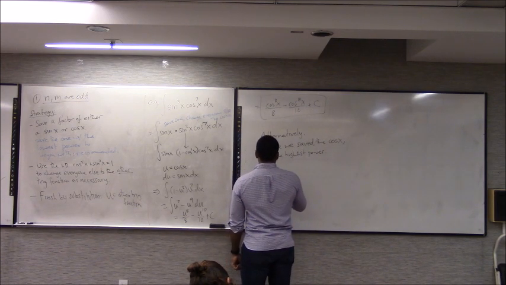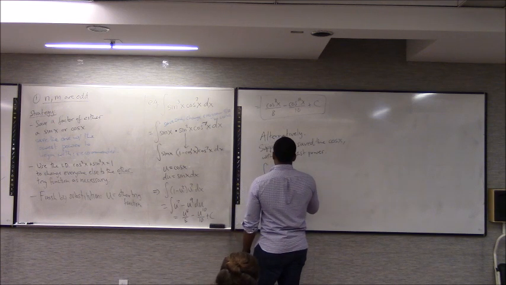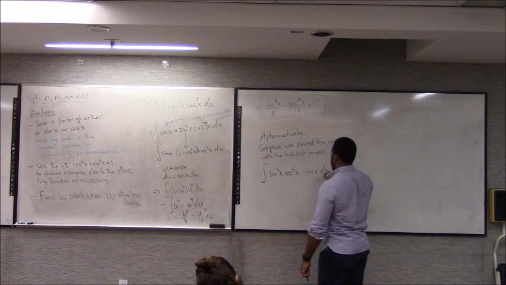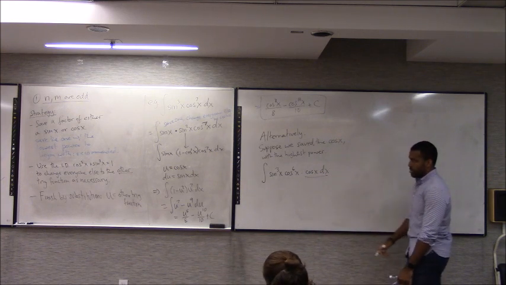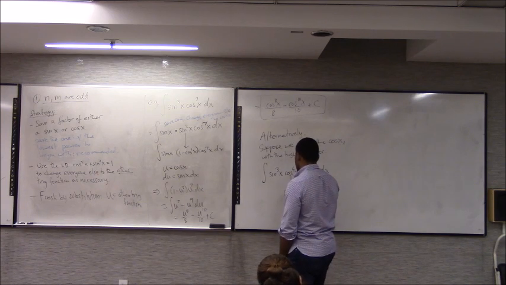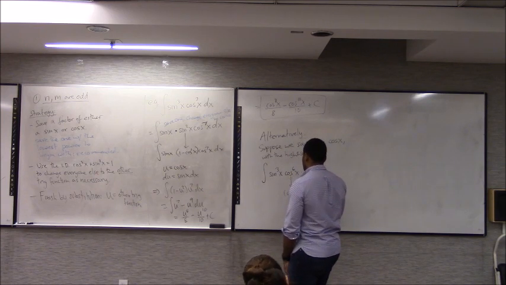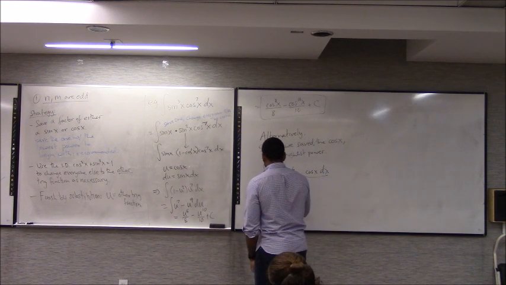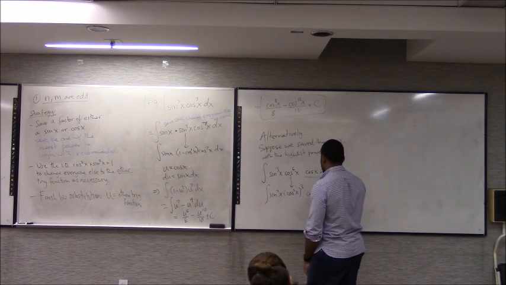So here I would have a sine cubed x. Here I'd have a cosine to the 6th x times a cosine, right? So I save a factor of the cosine. Now what's going to happen is this, I'm going to think of it as cosine squared, cubed. And so that's going to be sine cubed x, this is going to be the cosine x dx.